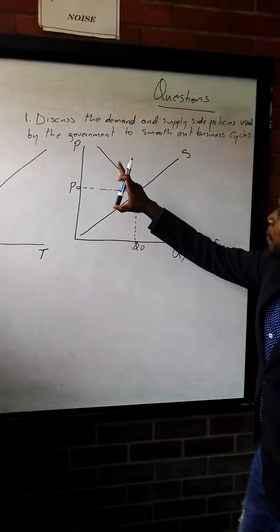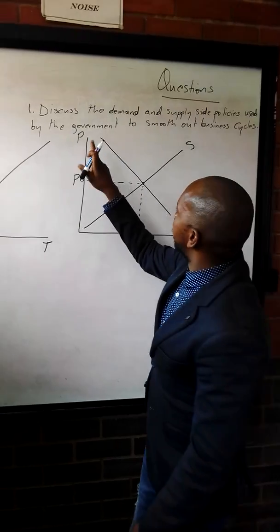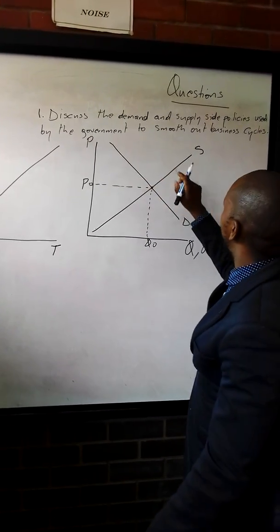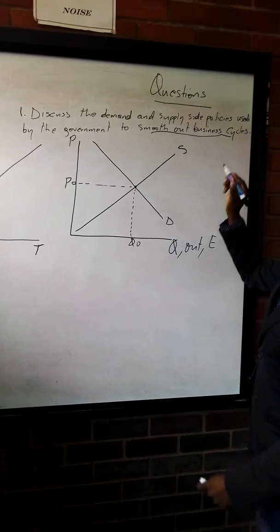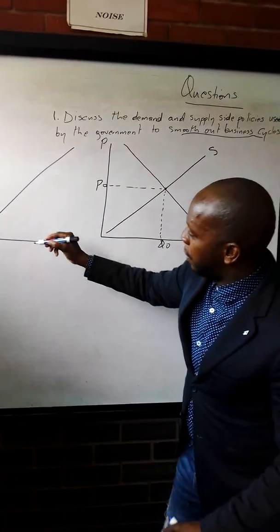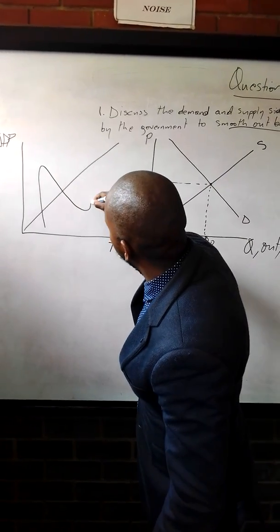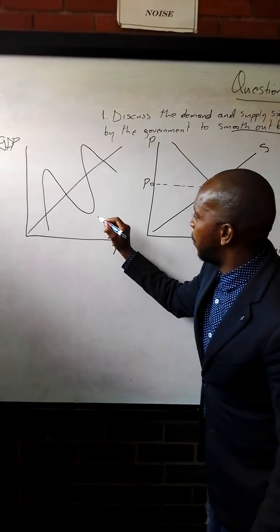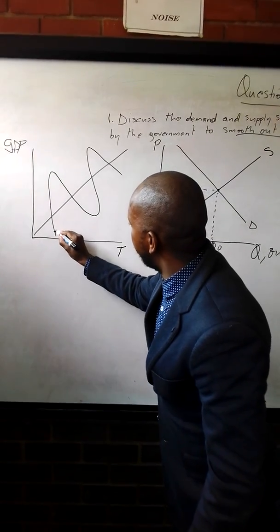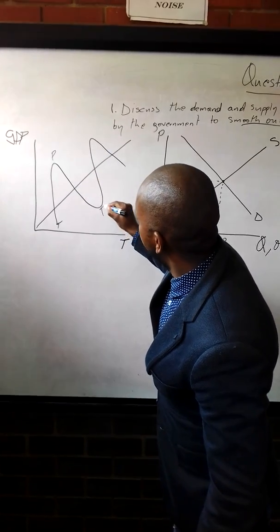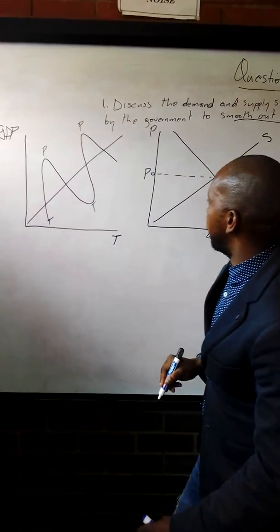The question says, discuss the demand side and the supply side policies used by the government to smooth out the business cycles. So as I say, you bring this mental image, you assume that here is your business cycle, and we've got the trough point and the peak point.